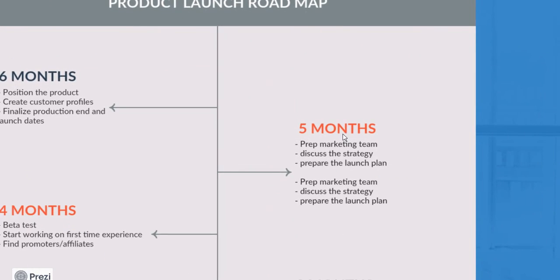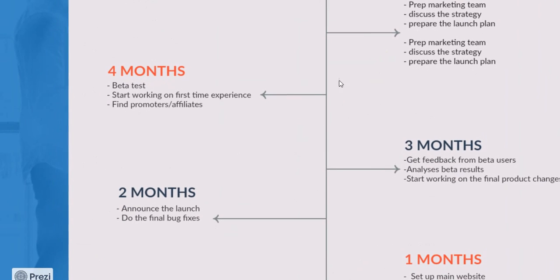Another example, 5 months before, your prep marketing team discuss the strategy and prepare the launch plan. 4 months to the day, there's a beta test. When we're talking about a beta test, it's like a release before the official date.